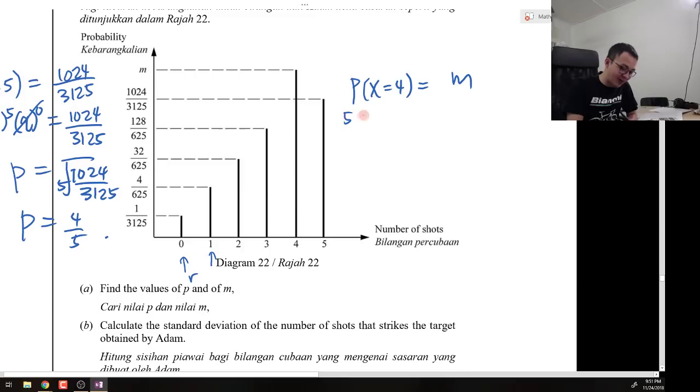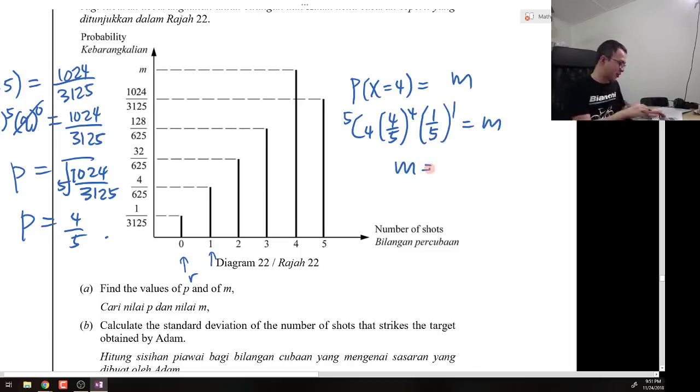So it will be 5C4, 4 over 5 to the power of 4, 1 over 5 to the power of 1 equals M. Then you type it in the calculator and you will get 0.4096. So this is how to get the M value.